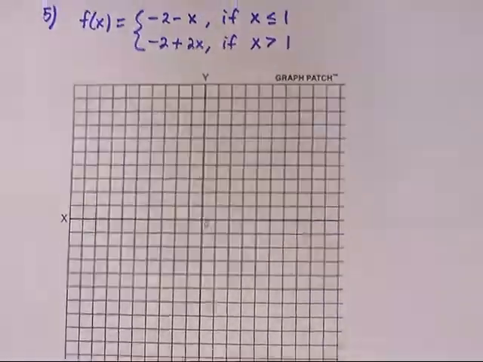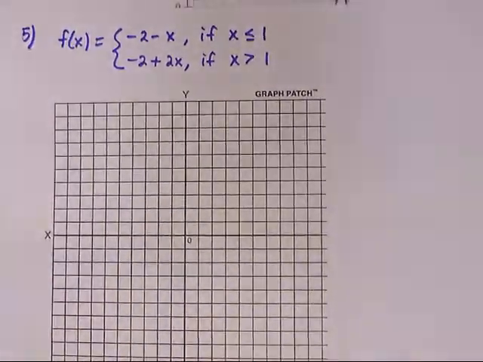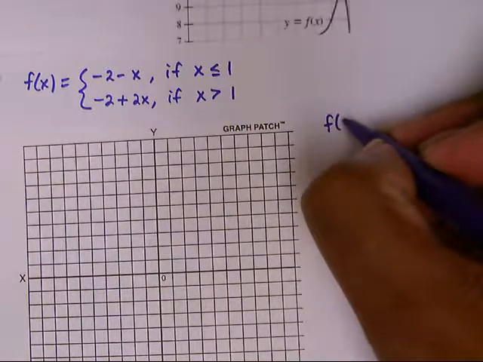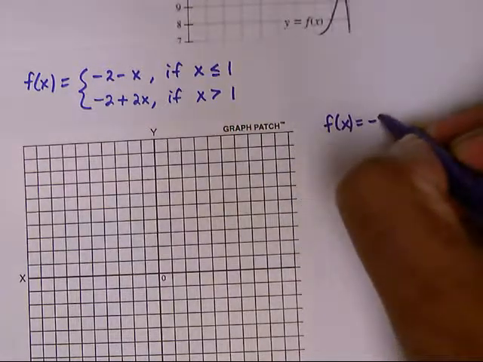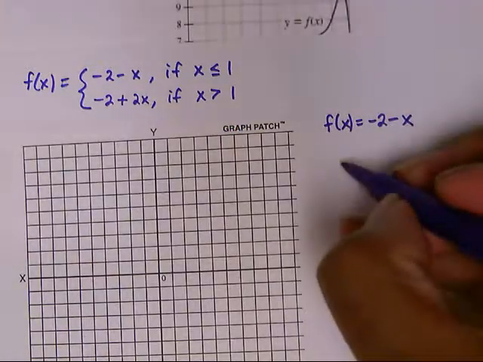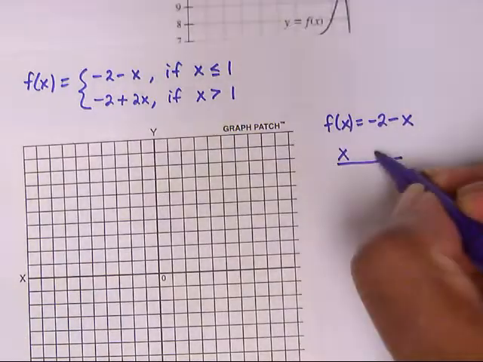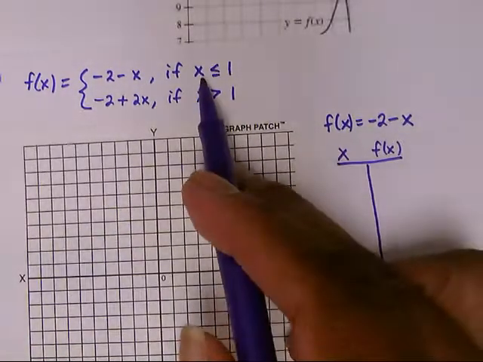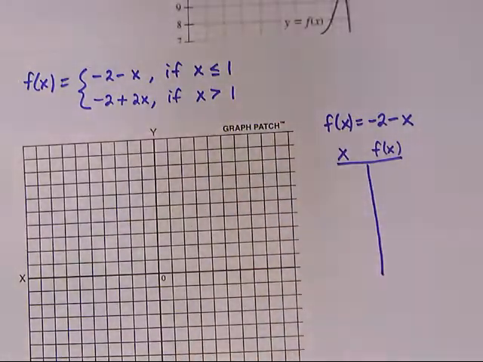Okay, so here's my coordinate grid. Now, for the first one, f of x equal to negative 2 minus x. The restriction there is where x is less than or equal to 1.